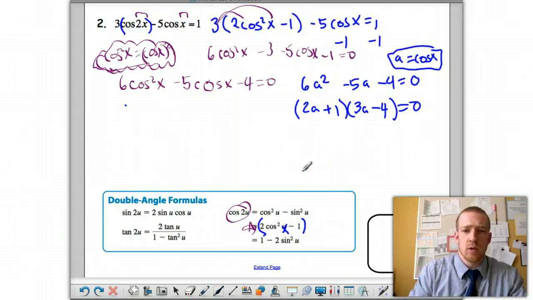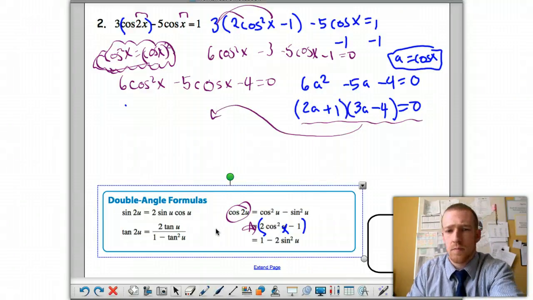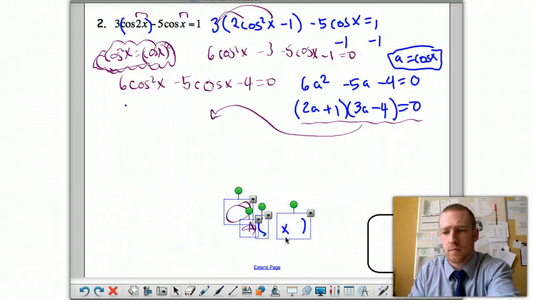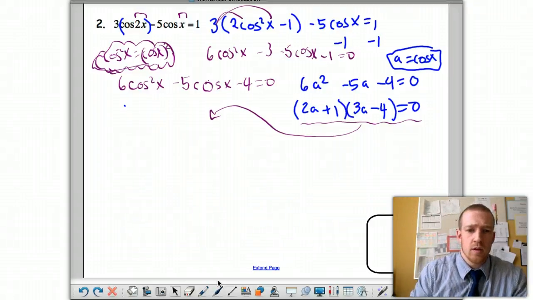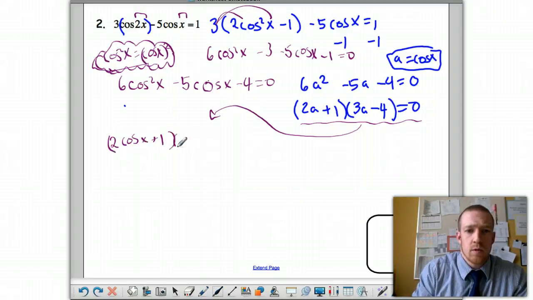So now I'm going to rewrite this and sub back in my cosine. So I don't need this anymore. And I got 2 cosine x plus 1 and 3 cosine x minus 4 equals 0.